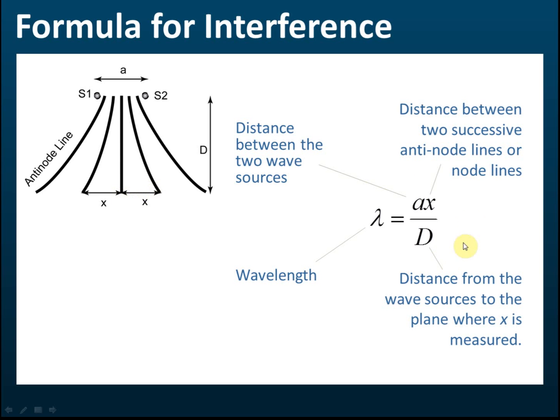This is a very useful formula for finding the wavelength of a wave, especially the wavelength of sound waves and light waves. We are going to discuss interference of sound waves and light waves in the next lesson.